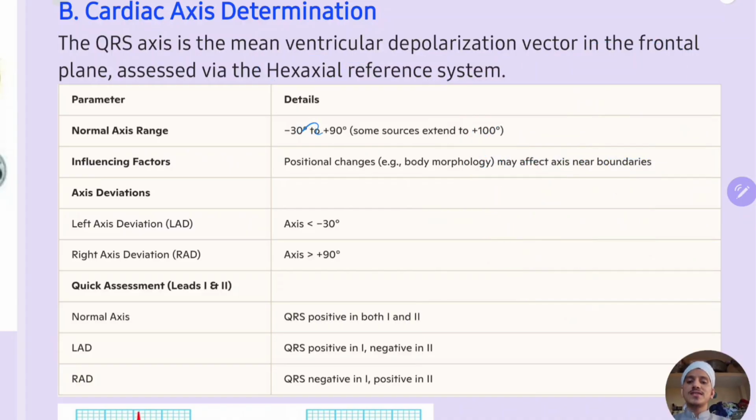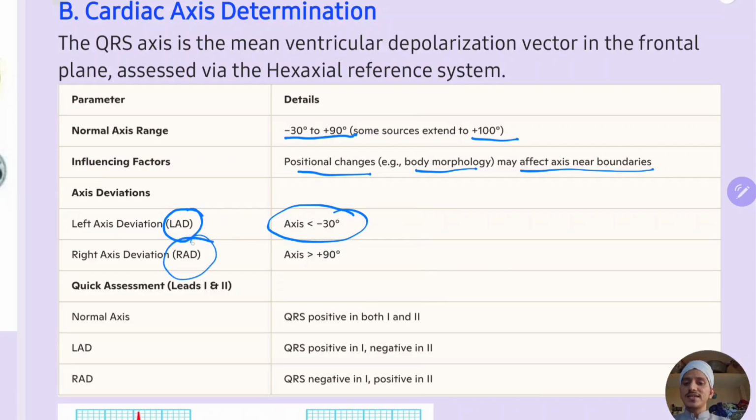So the normal axis ranges between minus 90 to plus 90, and some sources say up to plus 100. Influencing factors: positional changes, for example body morphology, may affect the axis near the boundaries. Left axis deviation is an axis less than minus 30 degrees, right axis deviation is an axis more than plus 90 degrees.